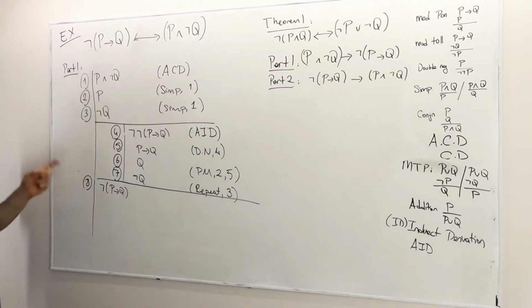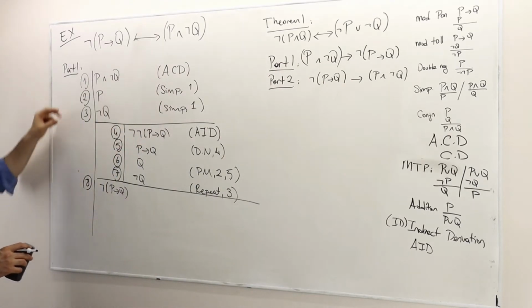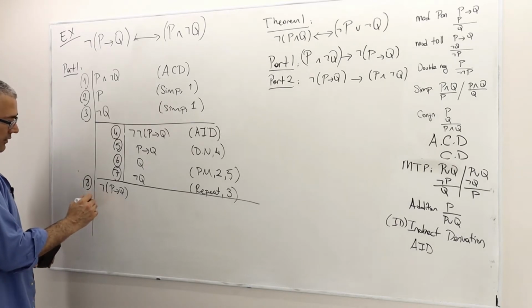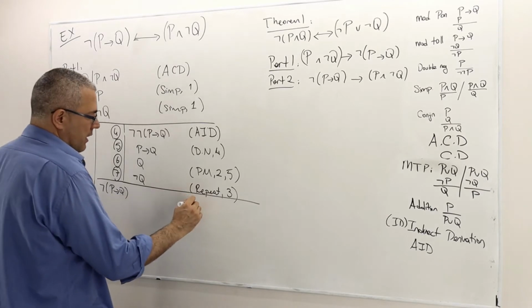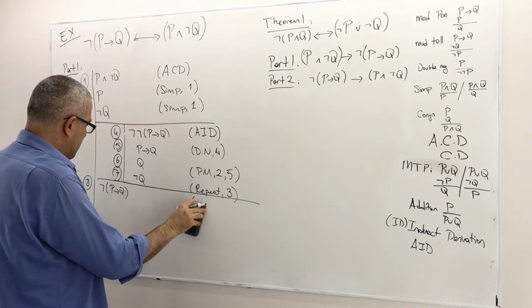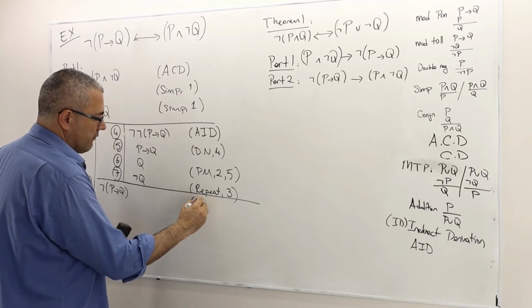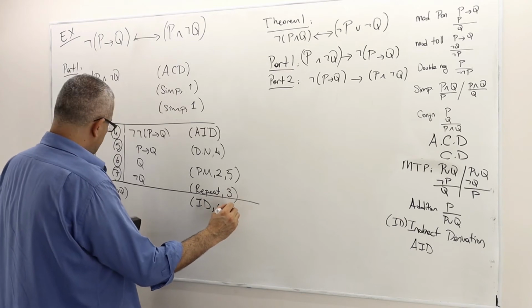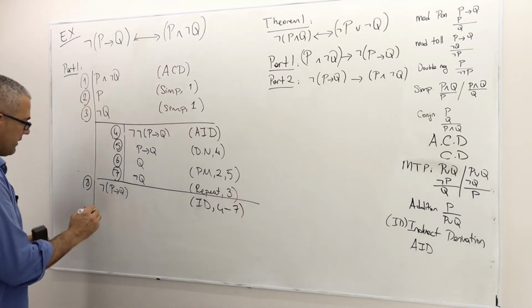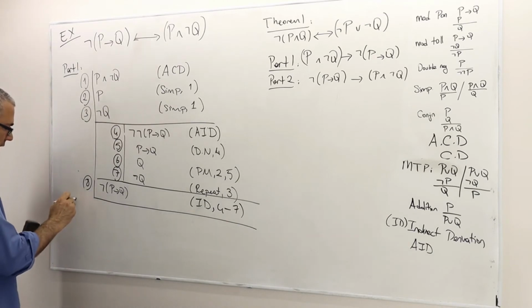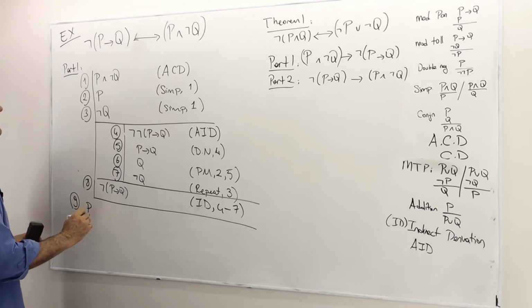All right, so that's it. That is the first part. Now I am going to start the second part. Oh, sorry. This is indirect derivation between lines 4 to 7. All right, and then here in line 9, I just write my conditional sentence.